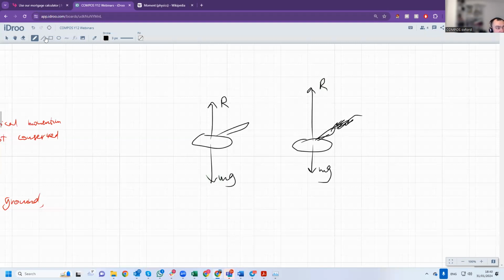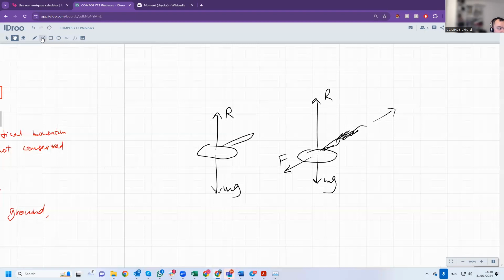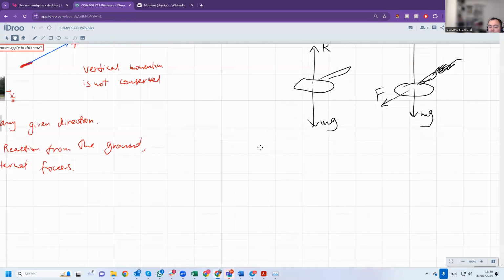Because the gun is shooting the bullet, it's pushing the bullet that way. That means the bullet is pushing the gun into the ground. So this is the force from the bullet. This is the force that causes the gun to slow down, change momentum horizontally, and also that increases R. So R is an external force which causes the system to change momentum.